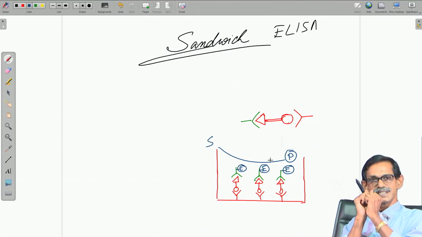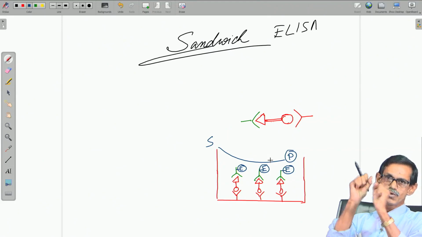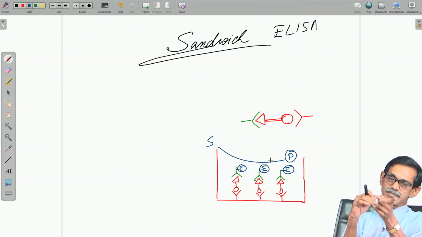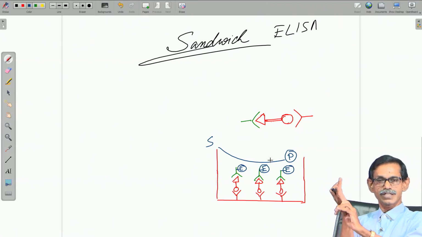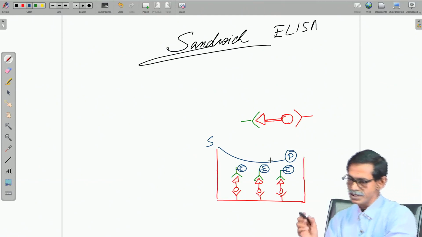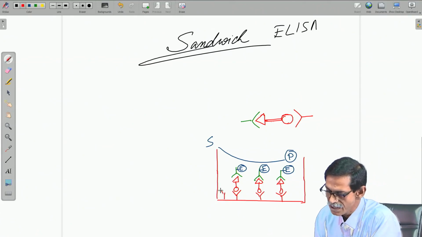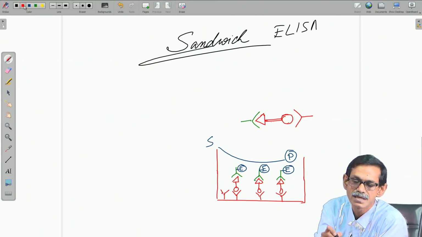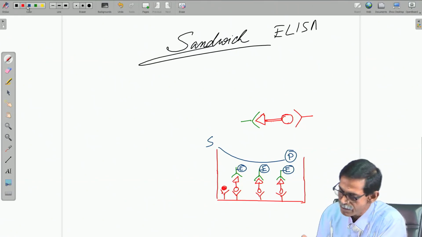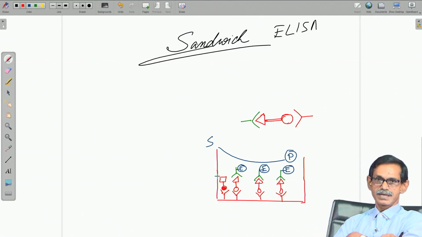But this sandwich ELISA will give you more specificity, because you are using two antibodies to detect one antigen. By any chance, if one antibody binds non-specifically, the other will not.